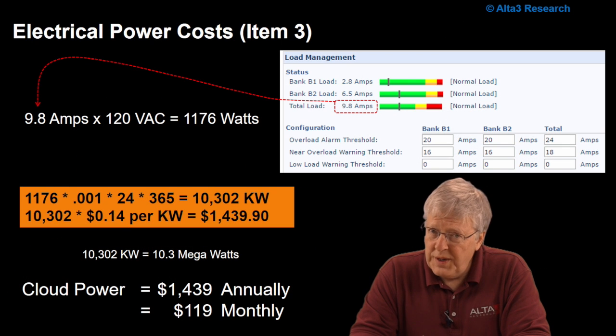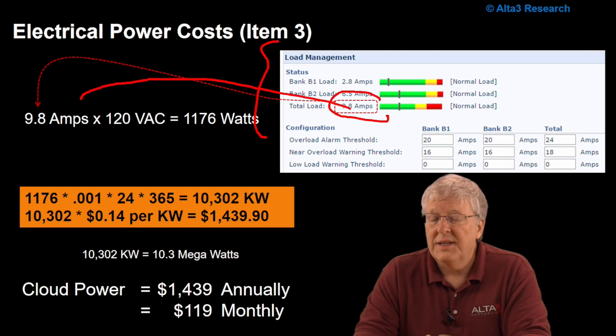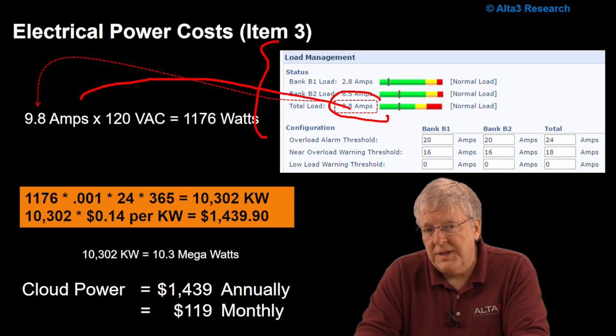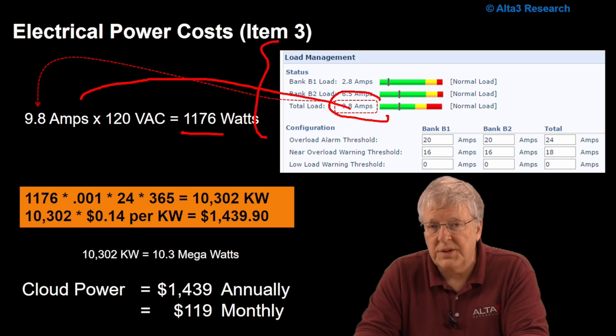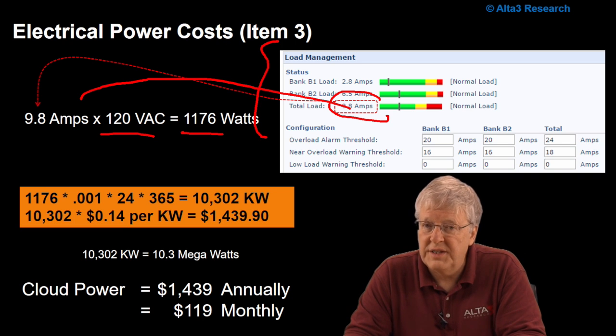So item number 3 was the power costs. What's that? So we do run a load management system. A quick reference shows 9.6 amps is the constant pull. Now we're running the cloud flat out all the time, so this is the power requirement. I simply multiply by the line voltage to come up with 1176 watts.